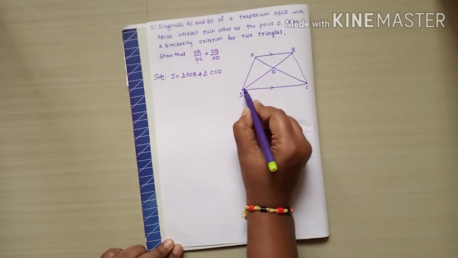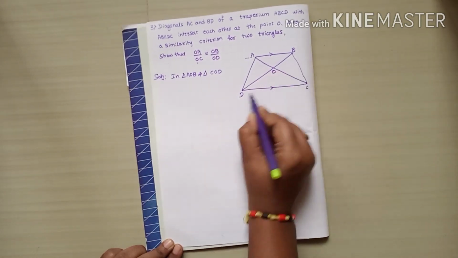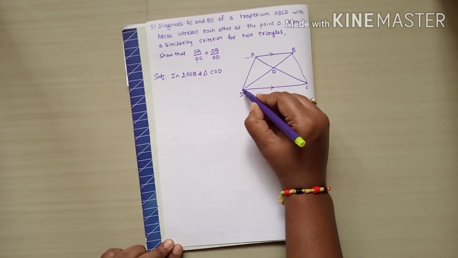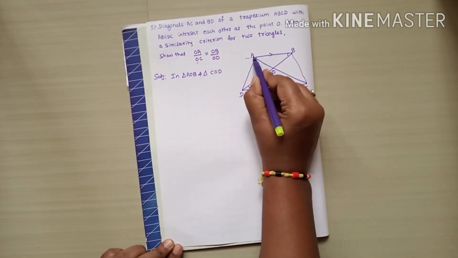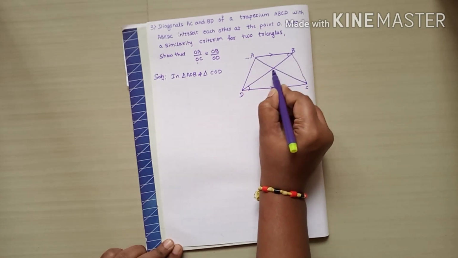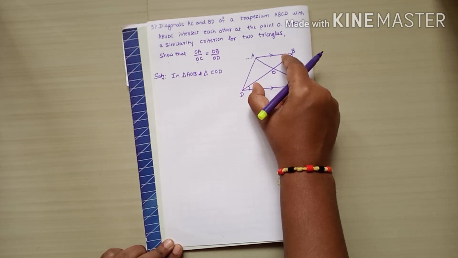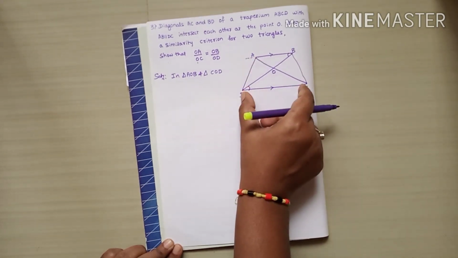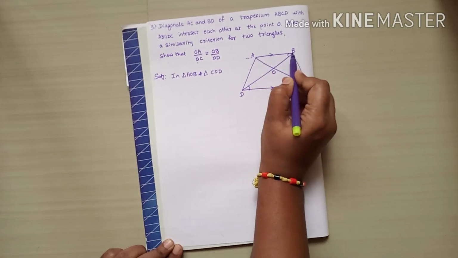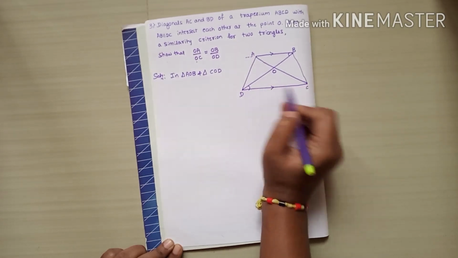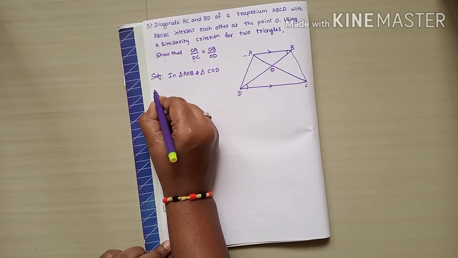If you extend like this, DB is a transversal. These two angles, ABO and ODC, are interior alternate angles, which are equal if the lines are parallel. Already we know that AB is parallel to DC, so angle ABO equals angle ODC. Those two are interior alternate angles.